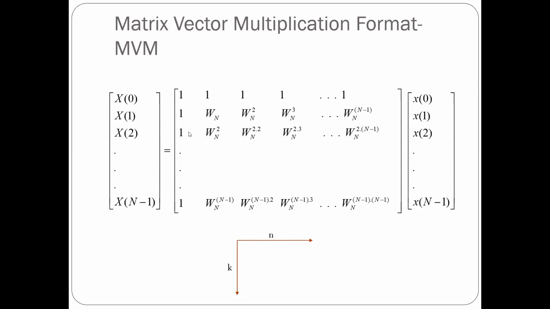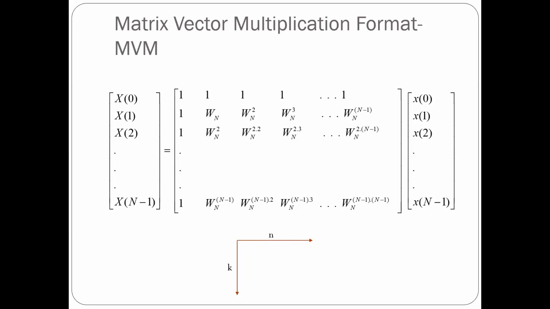So this is your matrix format. Is that understood? I can represent this computation of the discrete Fourier transform as a matrix vector multiplication. Is this understood? Yes, sir.